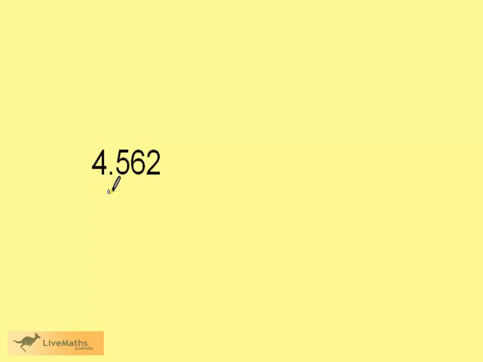Now let's consider the number 4.562. The 4 is to the left of the decimal point, and so is in the units column. We then have the point. The first column to the right is known as the tenths column, so we have 5 tenths.